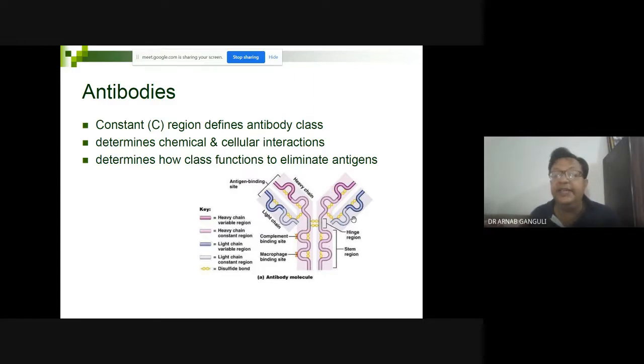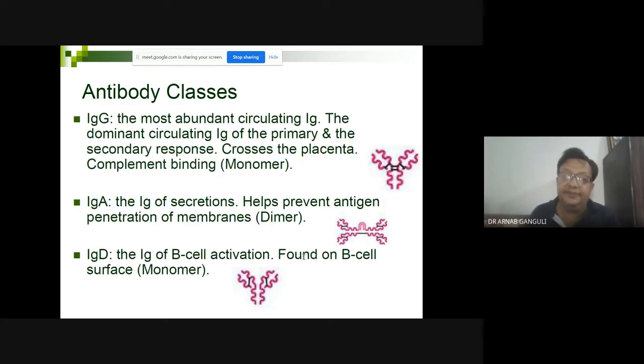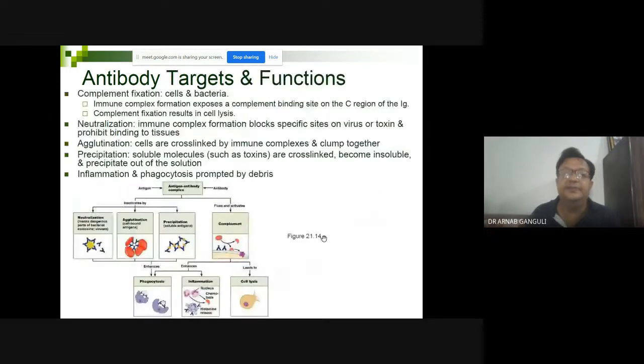On the basis of this site, they bind to the particular pathogen or bacteria, and then this site is exposed. Now the complement proteins will come and bind over here, to the C region of the immunoglobulin. Immunoglobulin and antibody are the same thing. Complement fixation results in cell lysis. So the complement binds and the cell is lysed.